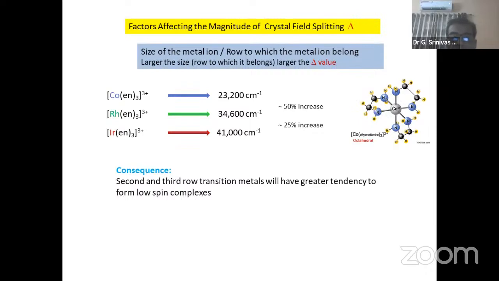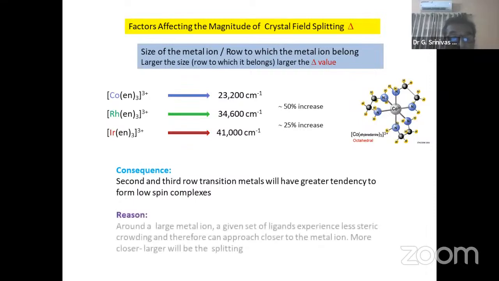Why? Because their CFSE value is more. That's why they will not form high spin complexes. Rhodium and iridium complexes are low spin complexes only, because of their higher crystal field stabilization energies.